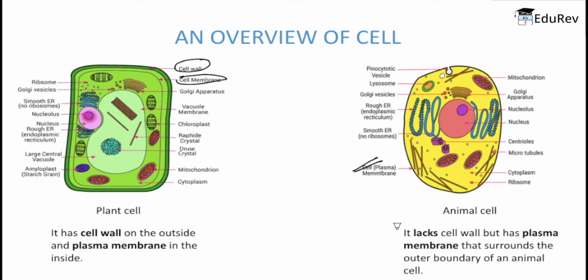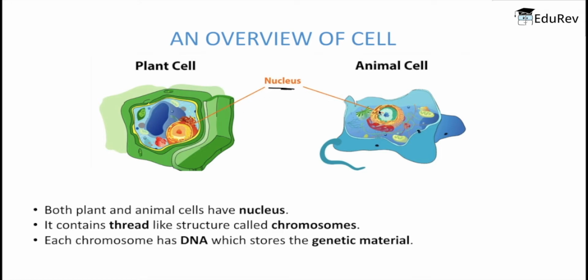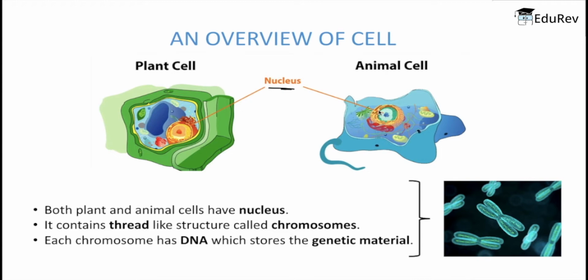Now, apart from the cell wall and cell membrane, both plant cells and animal cells have a spherical dense structure called the nucleus. This is the nucleus which is present in both plant cells and animal cells. The nucleus contains thread-like structures called chromosomes.